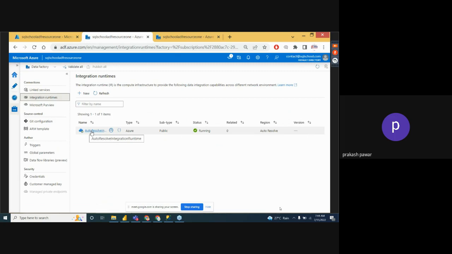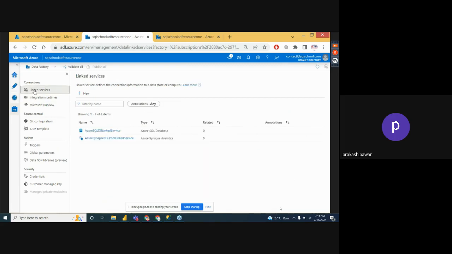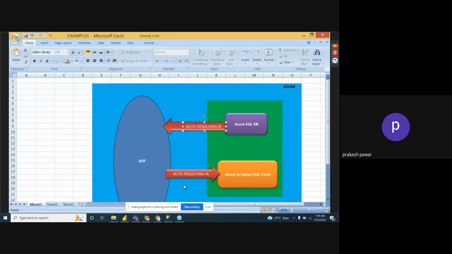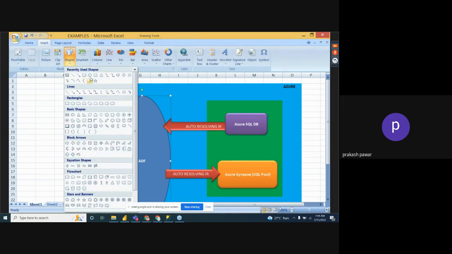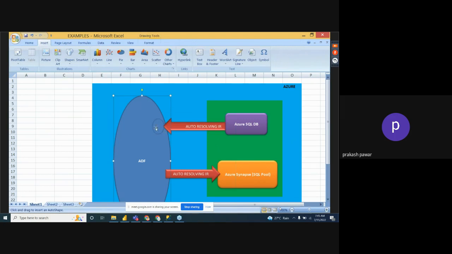Go to manage hub, integration runtimes, and this is the one I'm talking about: the auto resolving integration runtime. It should be running. By default, it keeps running. Only then can we create the linked service. How many did we create? Two linked services. Both linked services are using the so-called auto resolving IR. So this is one linked service, registered here.